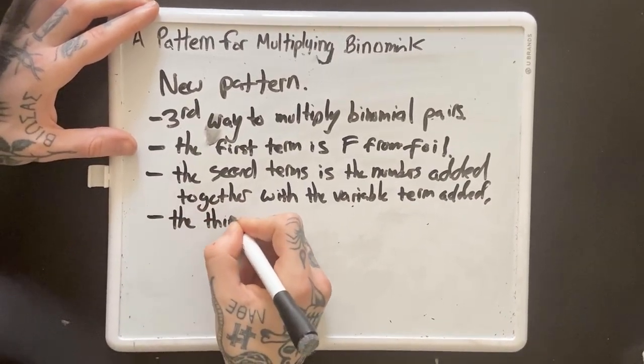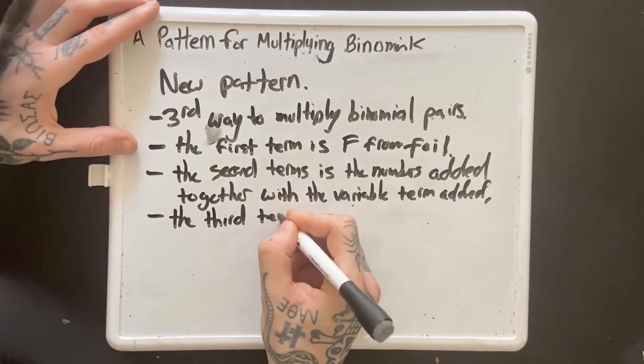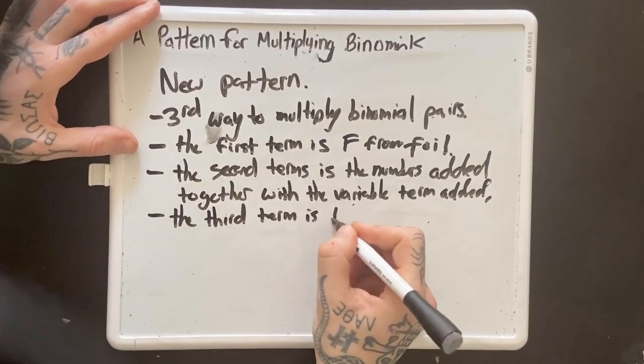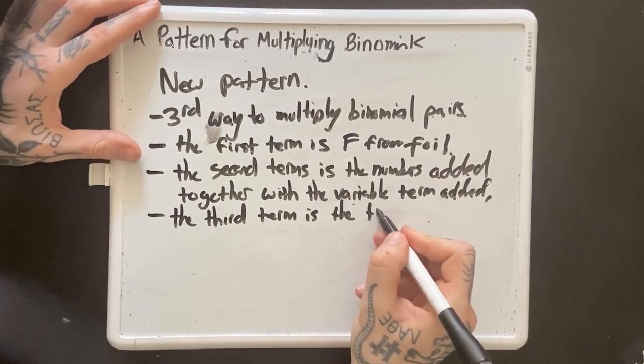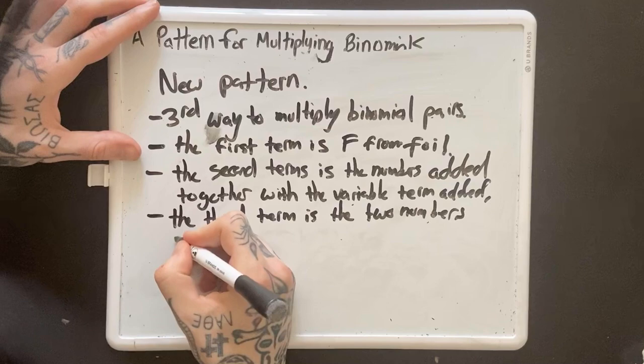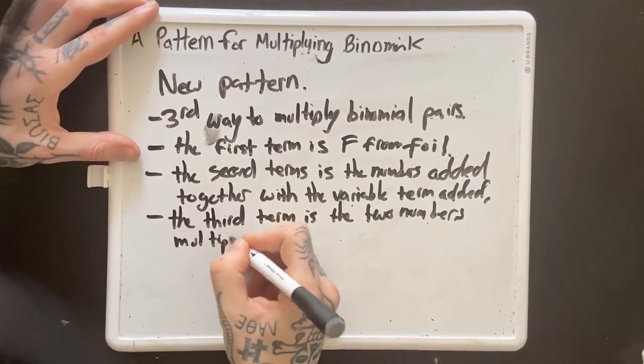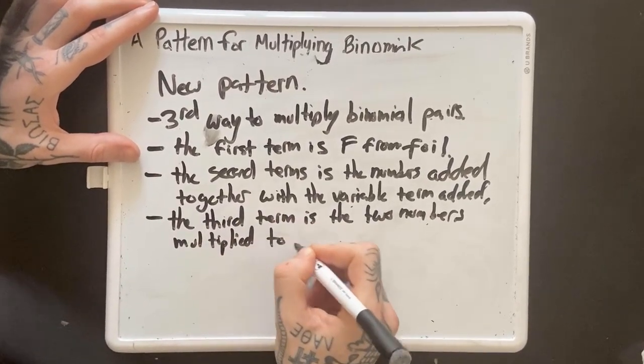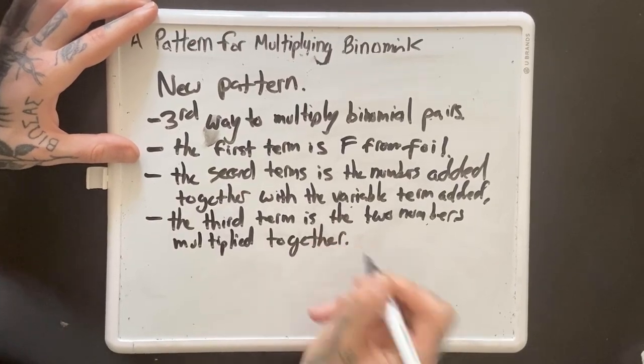The third term is the two numbers multiplied together. Okay?